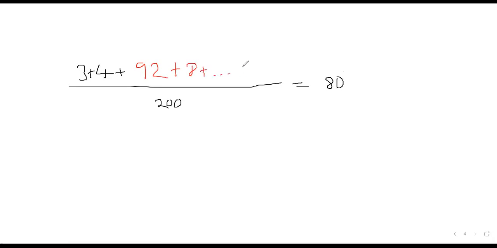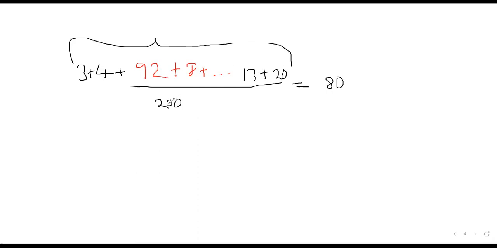I'm just putting arbitrary figures for illustration's sake. These may not be the actual figures. We are told that these figures, all of them here, are 200 from here up to the end.